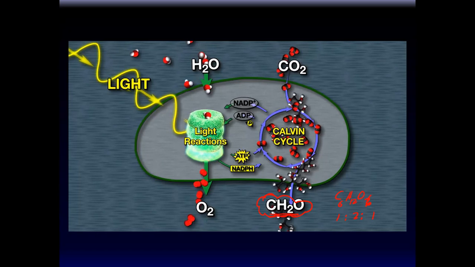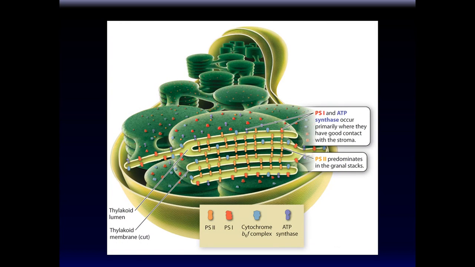So first today we're going to talk about light reactions. As I suggested, the light reactions occur on the thylakoid membranes. Embedded in the thylakoid membranes are a whole lot of proteins, and in between are also the chlorophyll molecules.